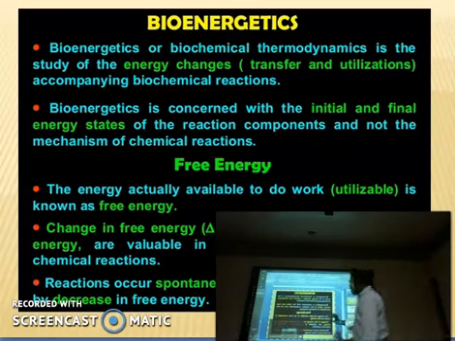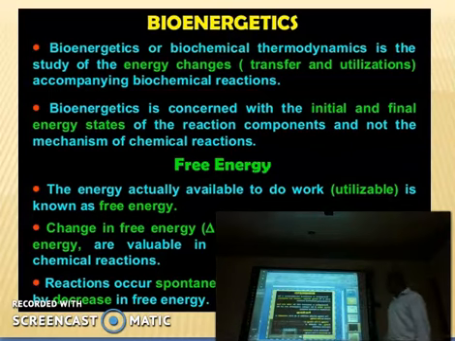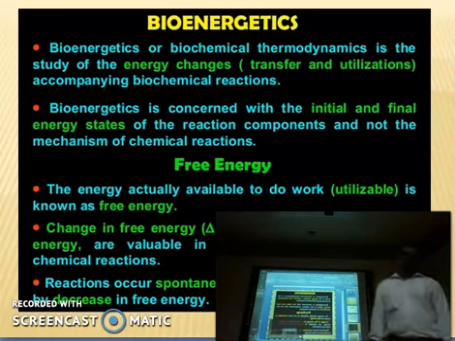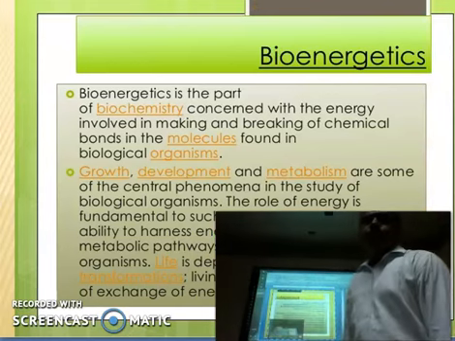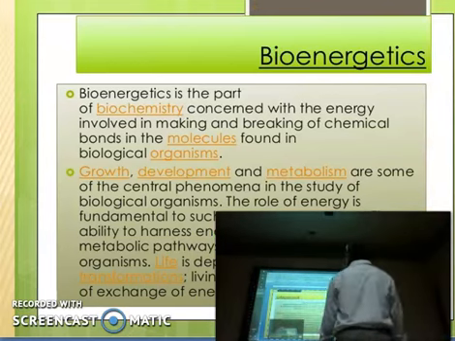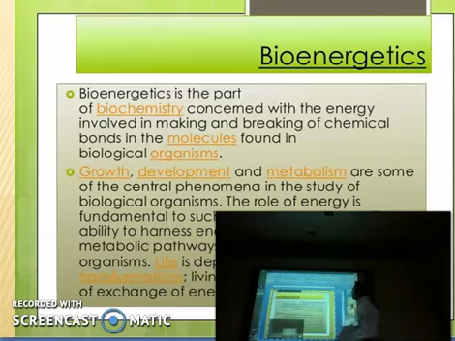That reaction occurs spontaneously if it is accompanied by a decrease in the free energy. Okay. Same slide is repeating. Bioenergetics is a part of biochemistry. Right or wrong? Right.